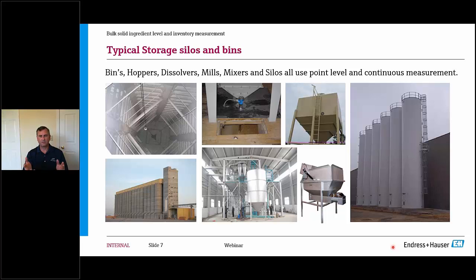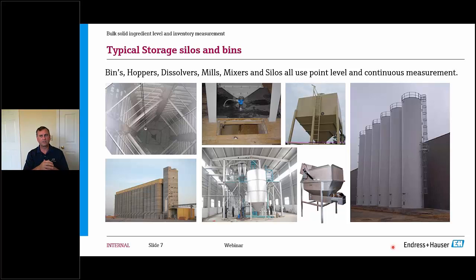You have other types of bins, tall, narrow, really large or wide, small hoppers, depending on what the purpose is for there. In all of them, one way or another, you need to figure out what is the best way to measure either a continuous level or just to have a minimum, maximum alarm so that you know when you're about to run out or when you're going to come towards the top of the silo here.